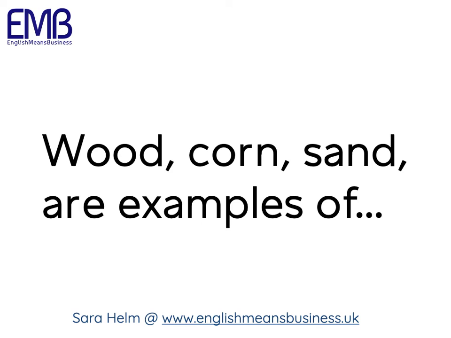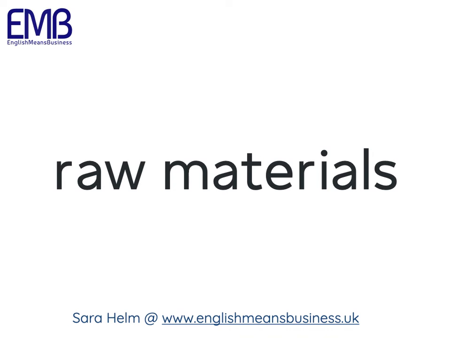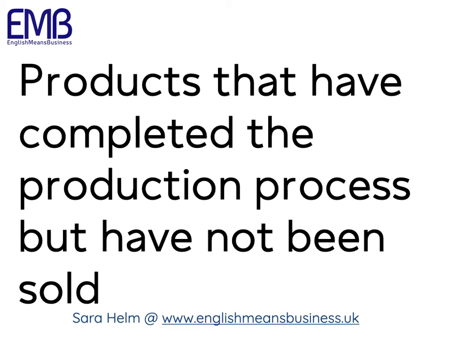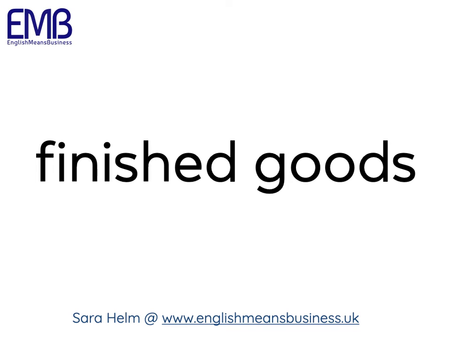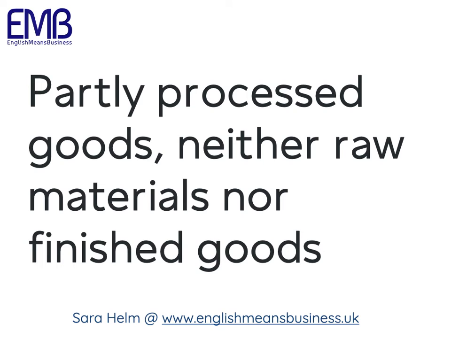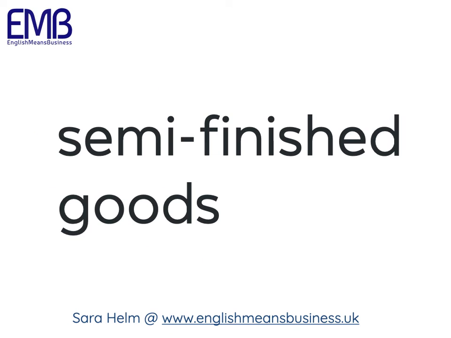Wood, corn and sand are examples of raw materials. Products that have completed the production process but have not been sold are finished goods. Partly processed goods, neither raw materials nor finished goods, are semi-finished goods.